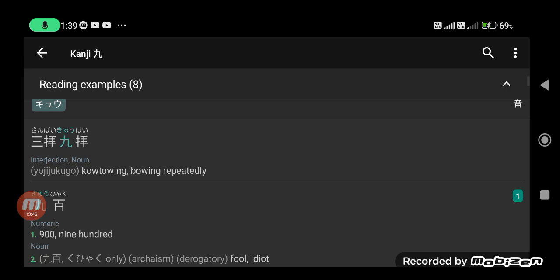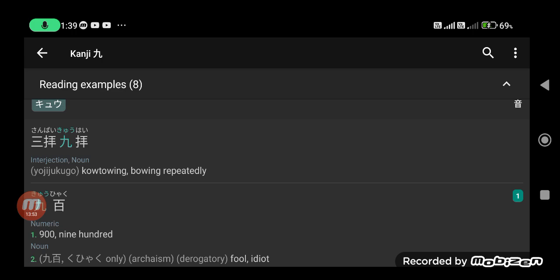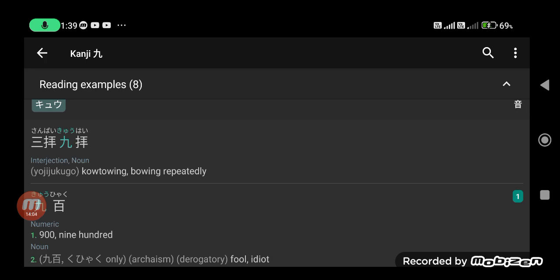So let's take some more examples. Sanpai kyuuhai. Please listen to the pronunciation. Sanpai kyuuhai. When you say this word, yoji jukugo means a very short expression, special expressions in Japan, usually idiomatic.